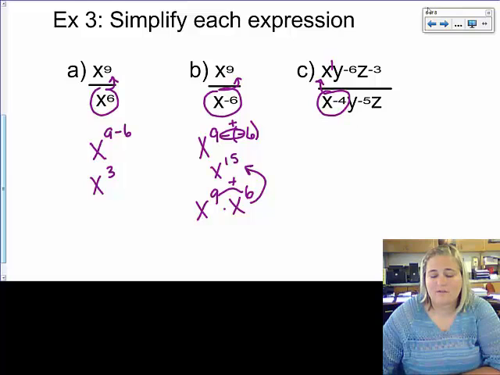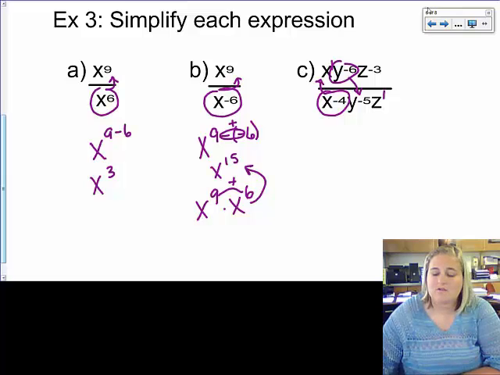And I have y to the negative 6th and y to the negative 5th. Whenever I have negatives like this, I want to move the one that has the largest absolute value so that I end up with a positive. So between negative 6 and negative 5, the larger absolute value is that negative 6, so I'm going to move it down. And then I have z to the negative 3rd over z to the 1st.